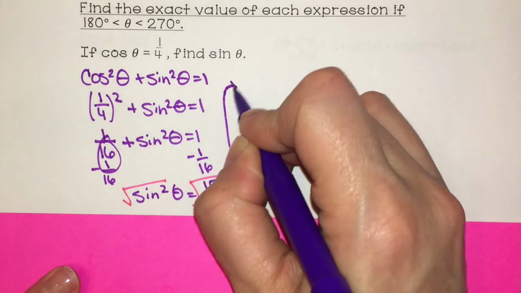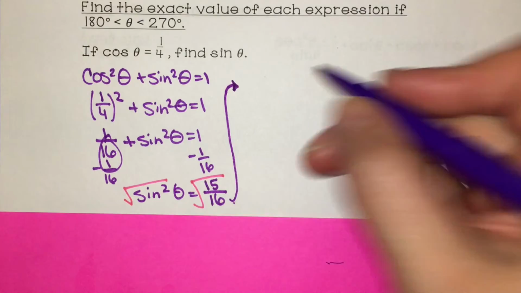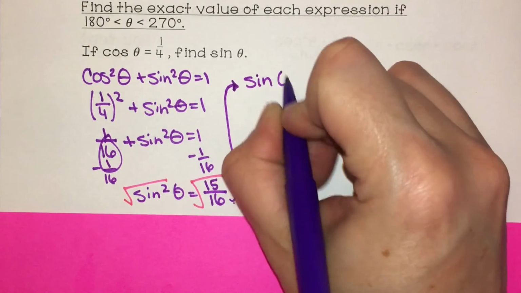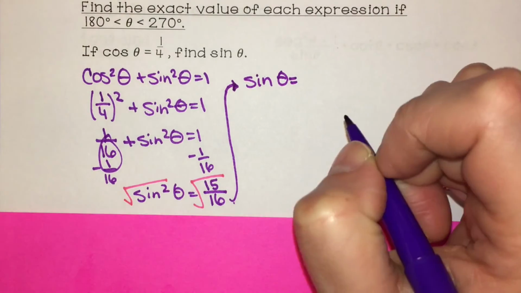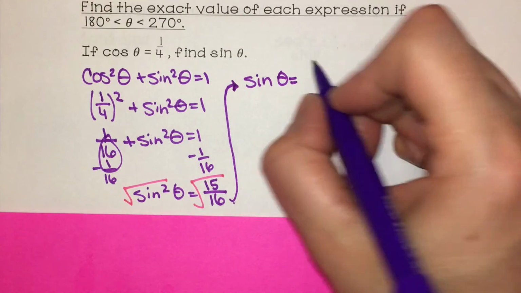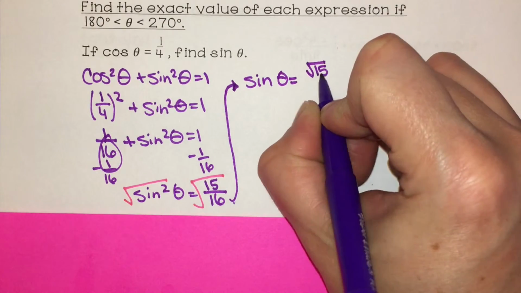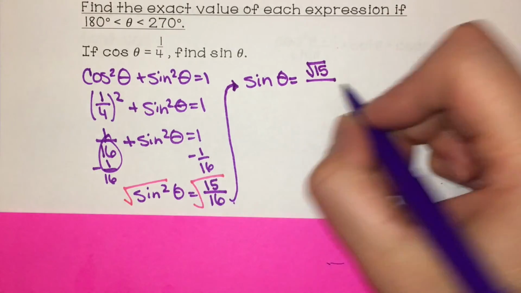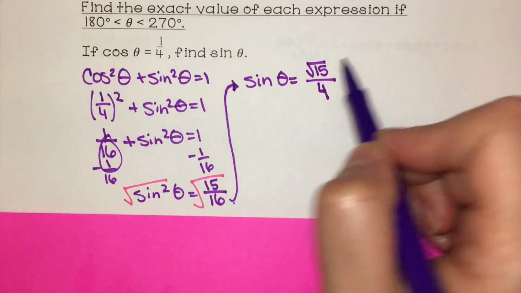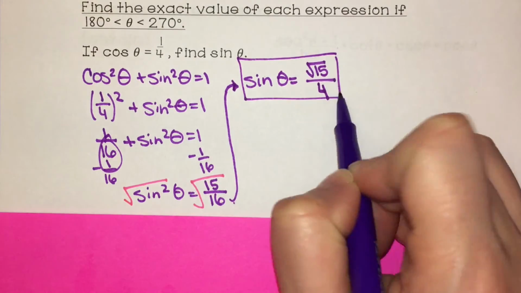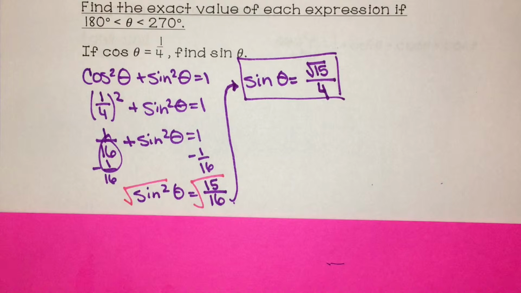And square roots undo squaring. I have sine theta is equal to the square root of 15 over square root of 16 is 4. That's my answer.